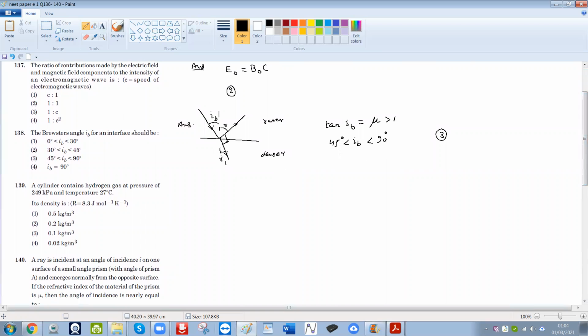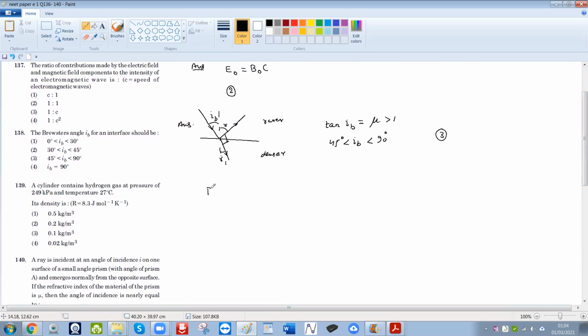Next question is based upon gas equation, ideal gas equation. It says that a cylinder contains hydrogen gas at pressure of 249 kilopascal.